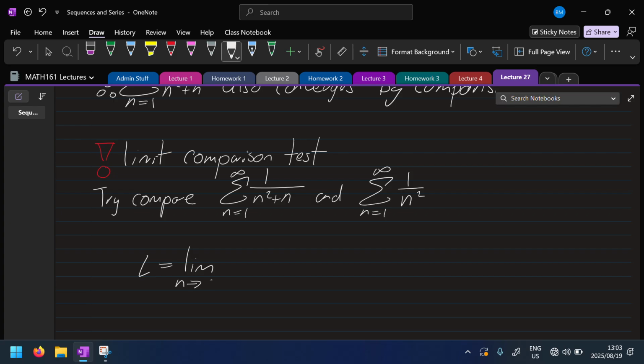The limit as n goes to infinity of AN over BN. What's AN? That's the one we know, the 1 over n squared. Over, and then the BN, that's the 1 over n squared plus n.